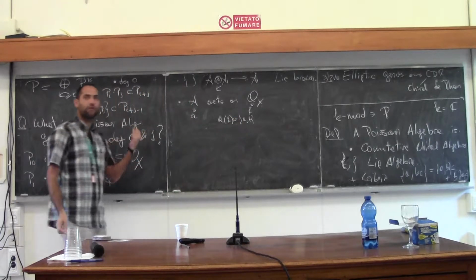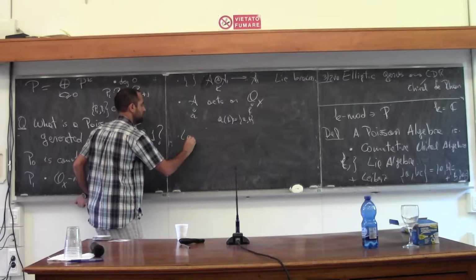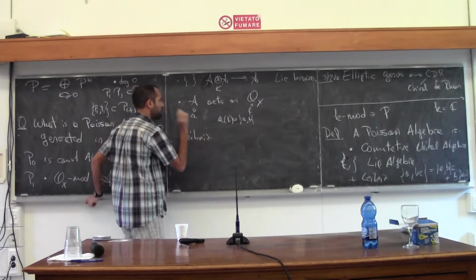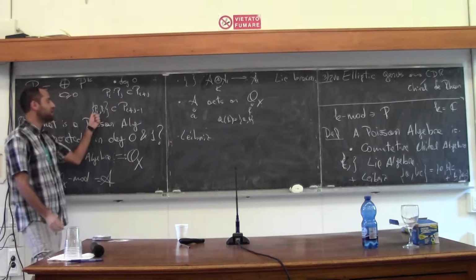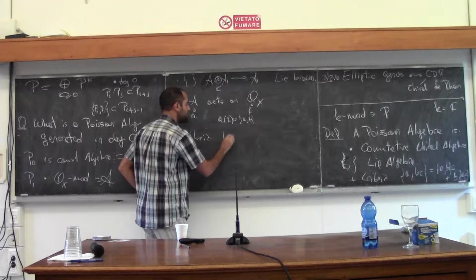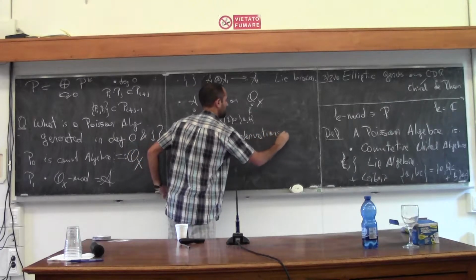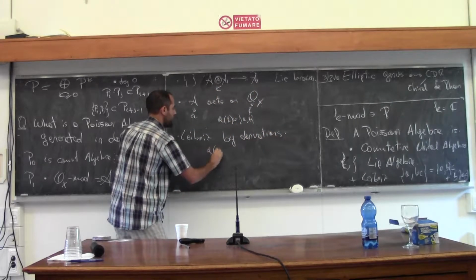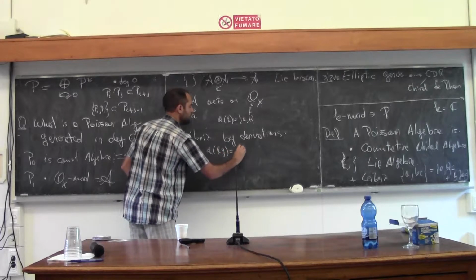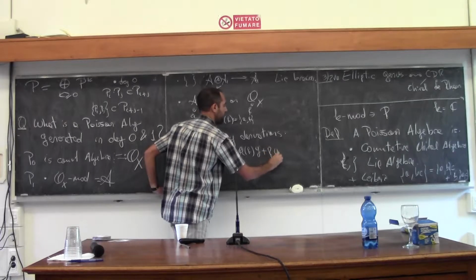So this is an action of A on F. The Leibniz rule, by taking something in P1 and a product of two things in P0, says that this action is by derivations. So A of Fg is equal to AF g plus F Ag.